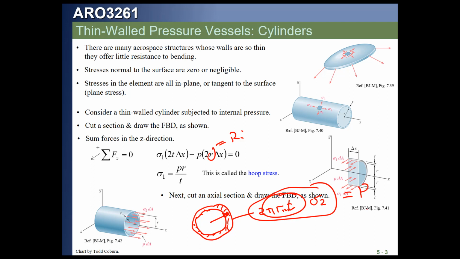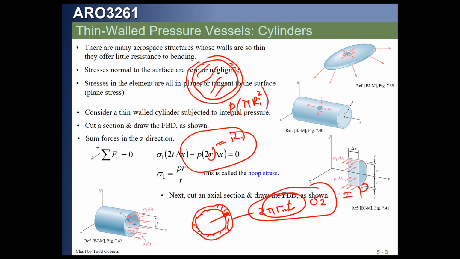And if that pressure is internal, and we look at the end of this thing, that internal pressure is not acting on this area here, it's acting on this area here. So what that is working against is that pressure times the area. What's that area? Well, it's pi r squared. What r are we talking about here? Once again, this is Ri. So this equation uses Ri, and the pressure acts on Ri if we have an internal pressure, but it's reacted at the midplane.